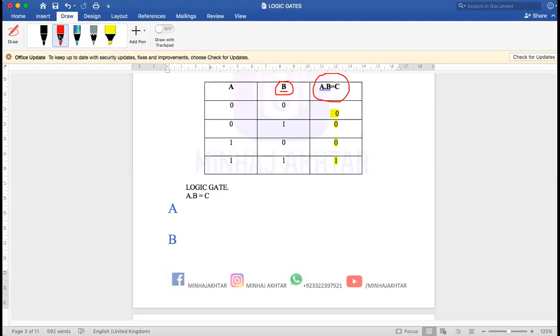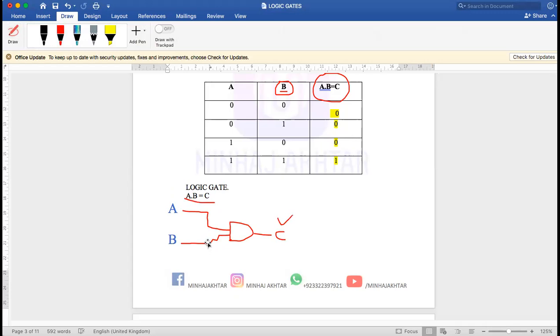And now I'm going to draw the logic circuit. So I'm going to make a line like this, and from B like this, and we have an AND gate. As I told you, the shape of AND gate is just like a D. So look, I have just drawn it, and the answer is C. Look, A and B is equal to C. So you need to mention the output as well.